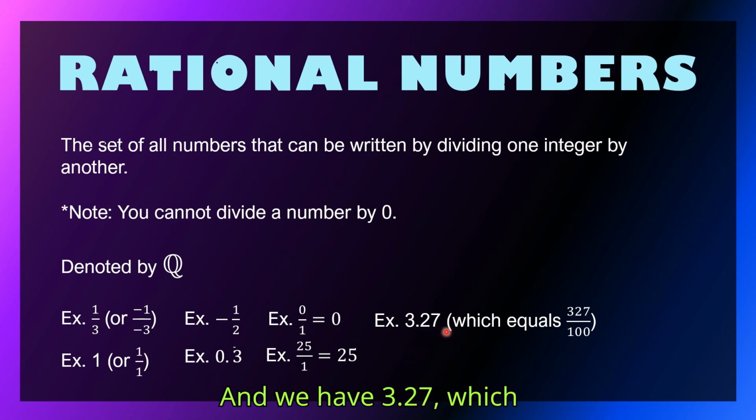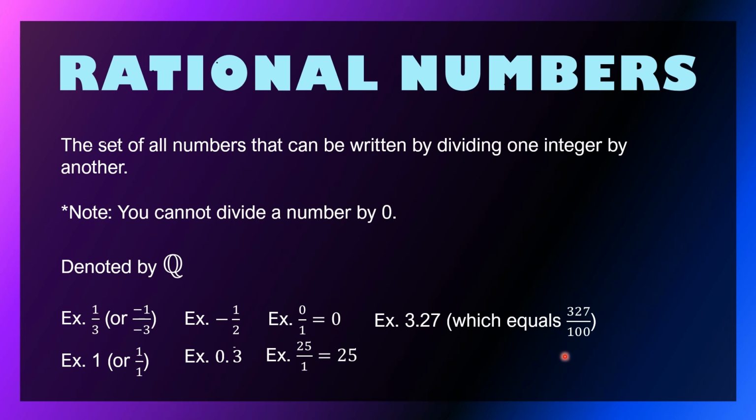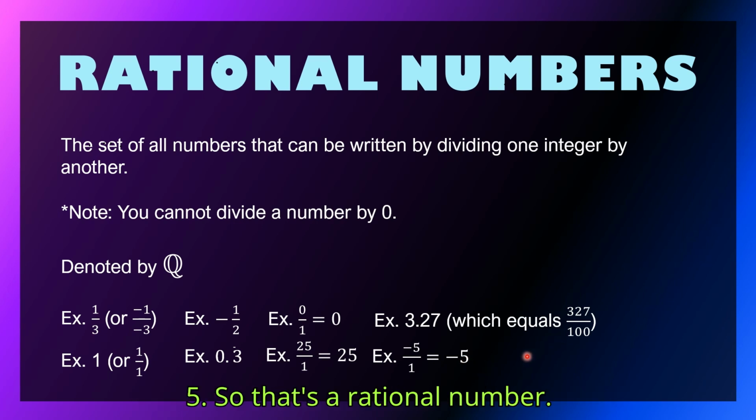And we have 3.27, which you can rewrite as 327 over 100, which is a rational number. And I believe the last one is -5 over 1. Again, it's -5, so that's a rational number.